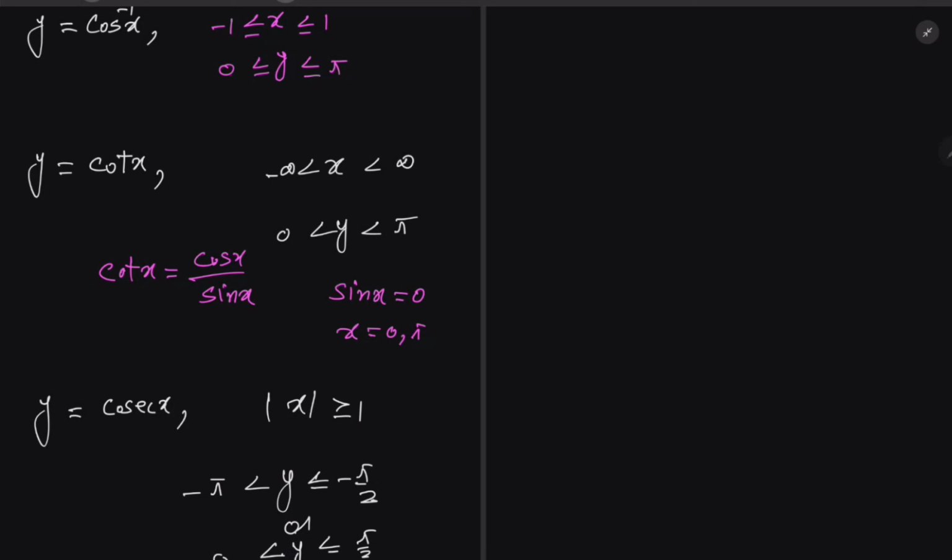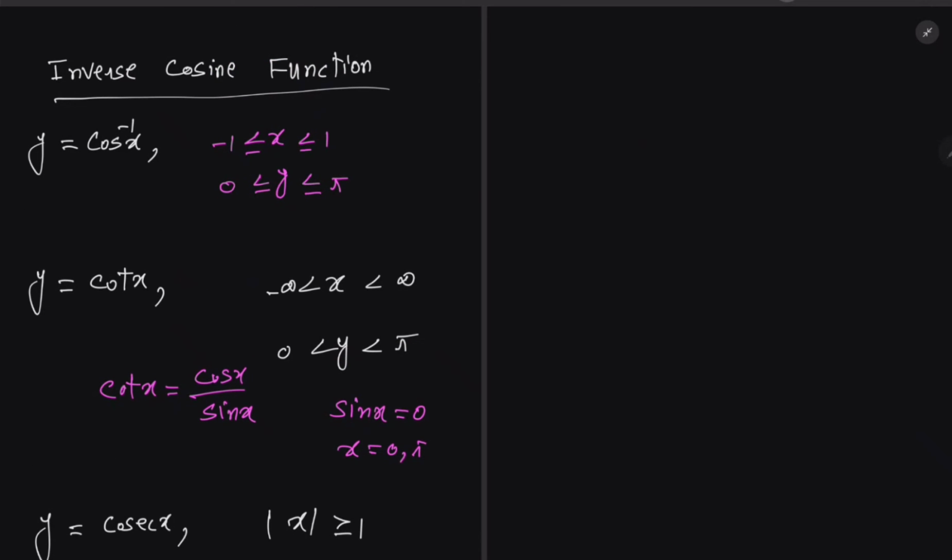You can plot cosecant x yourself first over some domain, and then you change the domain into range and range into domain. So that's how we understand the inverse trigonometric functions. Thank you for watching.